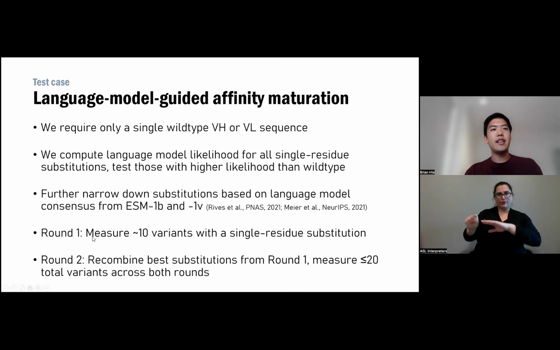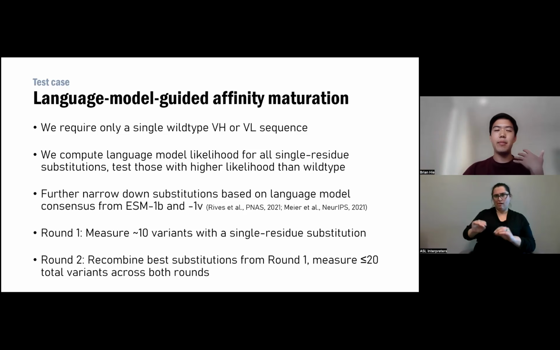And then we have this multi-step evolutionary process. In round one, we're just measuring those substitutions. We're making a variant with a single residue substitution, so we know its variant effects. And then in round two, we're recombining.